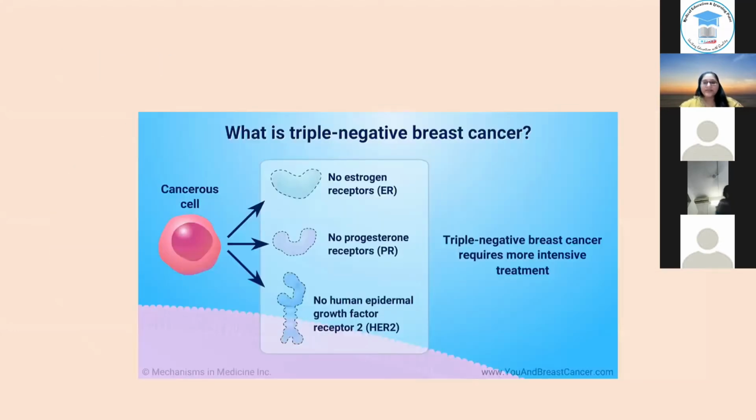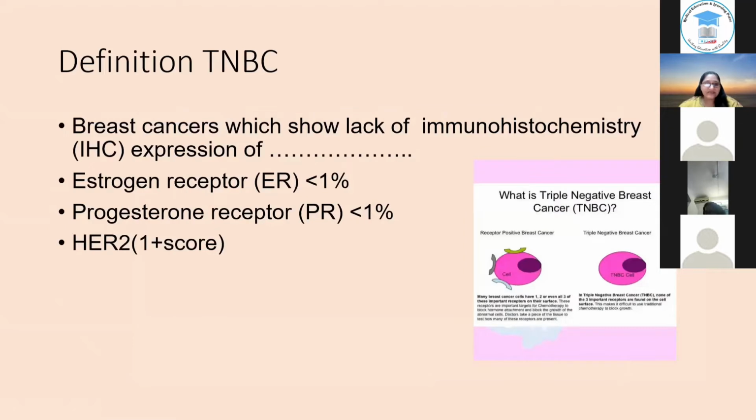So what is triple negative breast cancer? You must all be aware that a cancerous cell which has no ER, that is no estrogen receptor, no progesterone receptor, no HER2 receptor, we call it as TNBC, and this category of tumor requires more intensive treatment. So the breast cancers which show the lack of immunohistochemistry expression of ER, PR, and HER2.